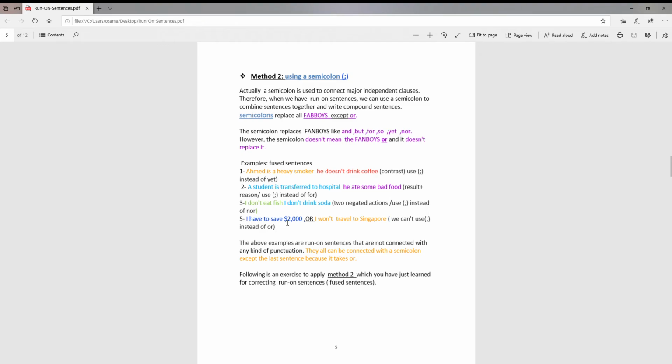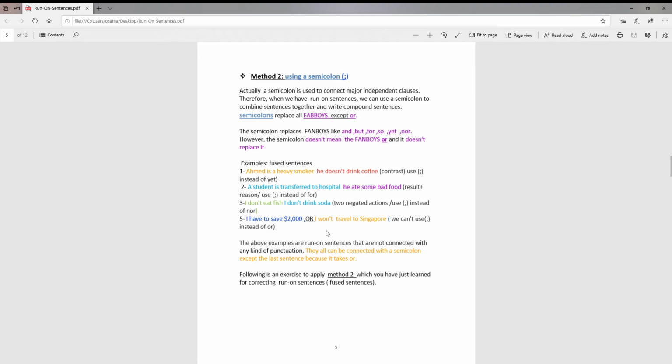I have to save $2,000, or I want to travel to Singapore. Okay, here sentence 1 and sentence 2 express alternation, and I need to use "or."